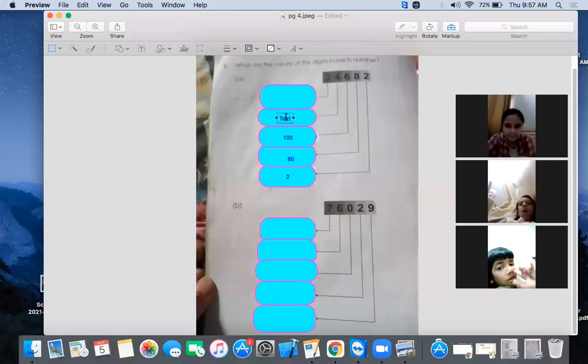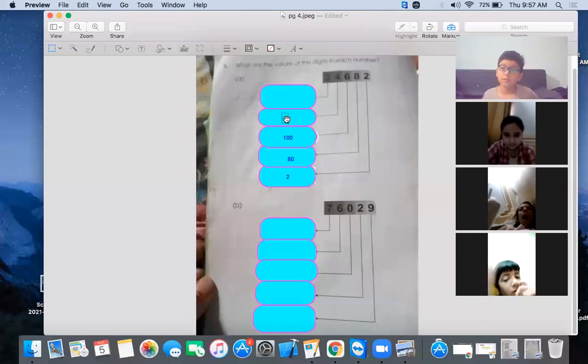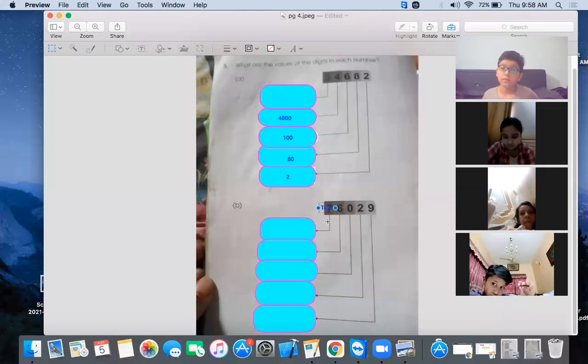How many zeros in the 1000? There are 3 zeros. So just write 4 and 3 zeros. 4000. What is the place value of 3? Ones, tens, 100, 1000 and 10,000. So how we write 10,000? There are 4 zeros in the 10,000. So just write 3 and 1, 2, 3, 4 zeros. It makes 30,000.